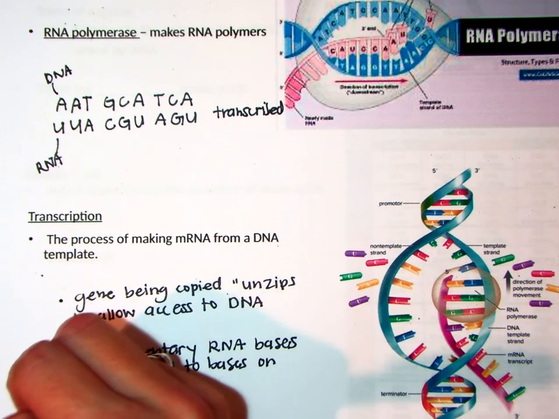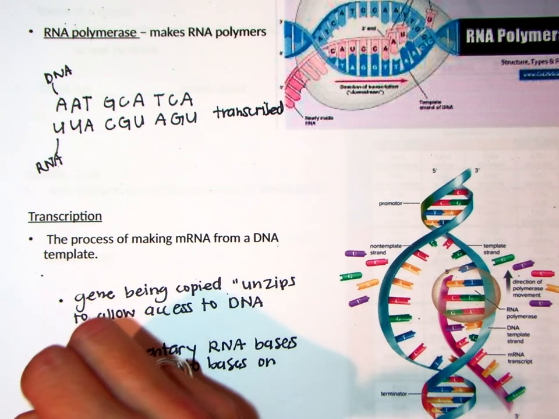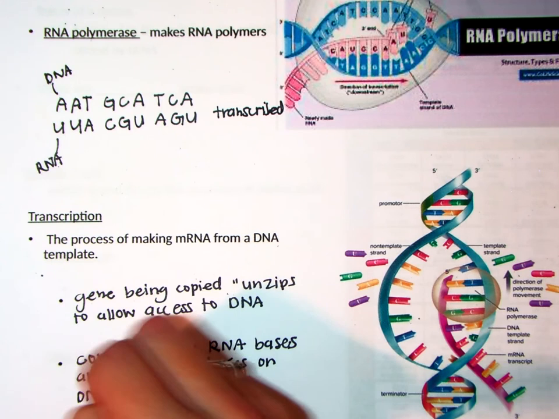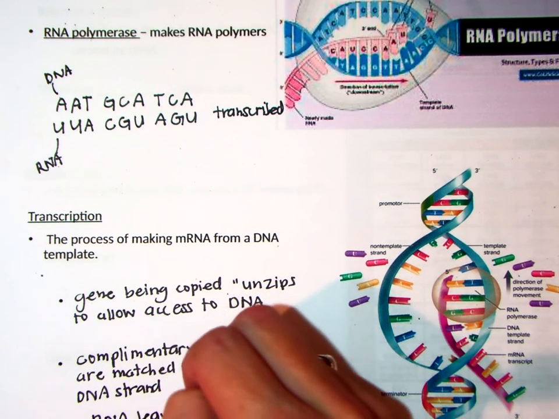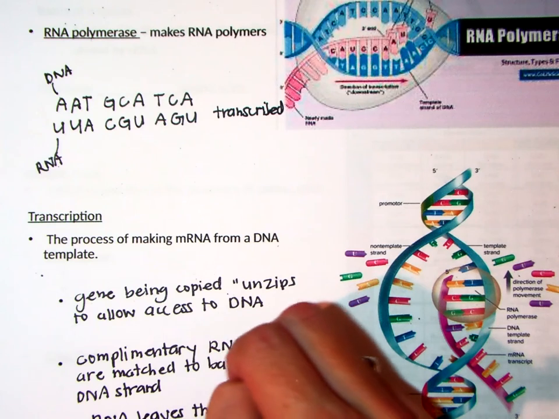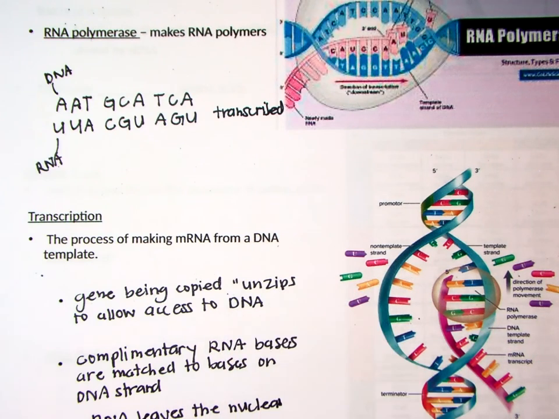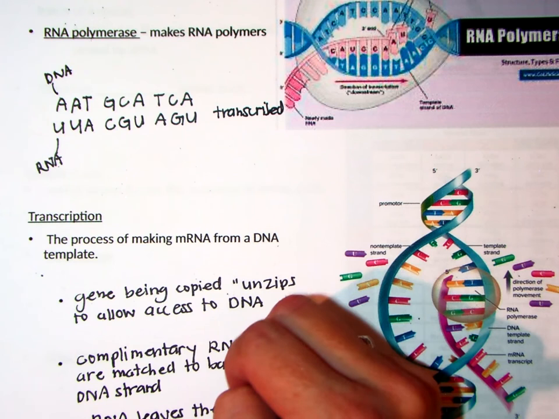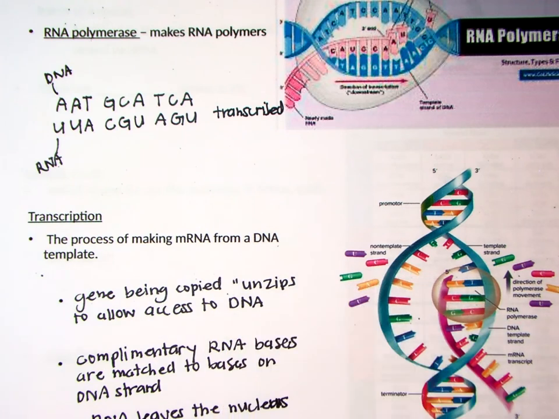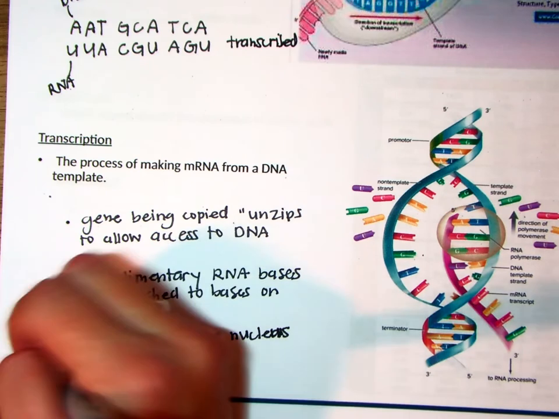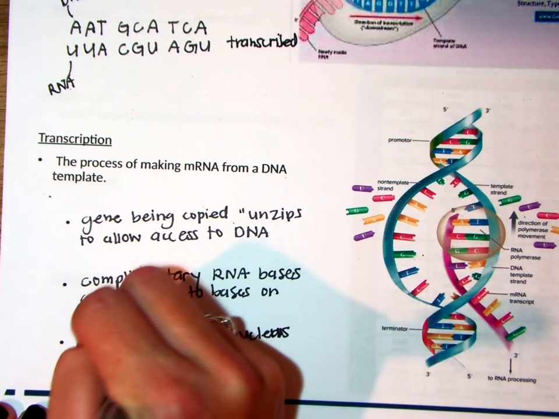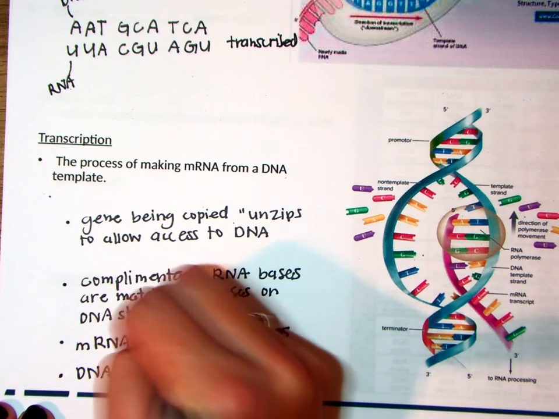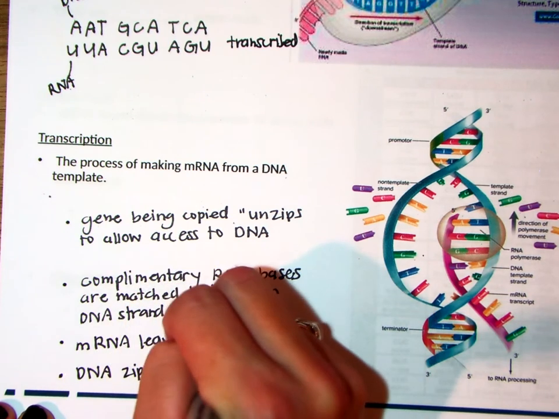So the mRNA leaves the nucleus through those nuclear pores that we saw in the nuclear envelope. Leaves the nucleus, and then the DNA, we're done with that part for now, so it zips back up until that gene is needed again.